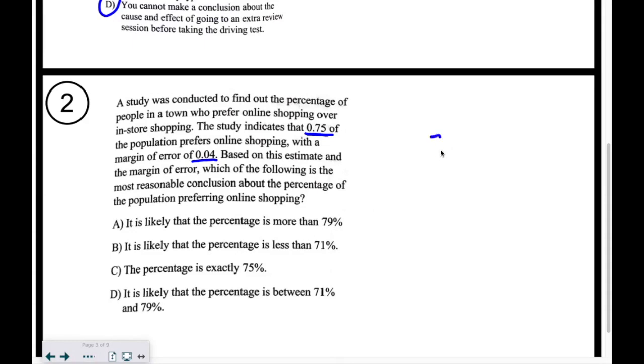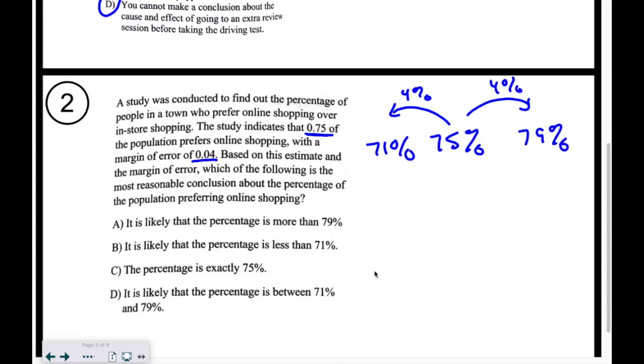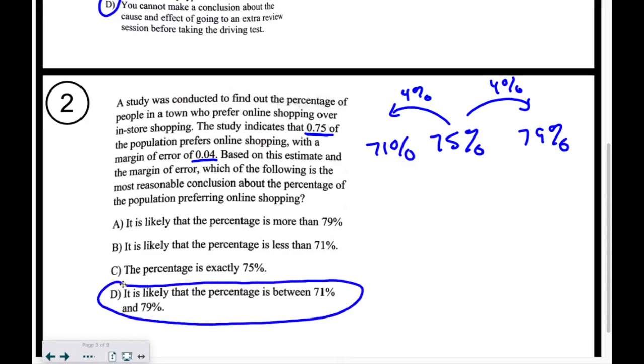If you start at 75%, you go 4% this way, that's 71%, and you go 4% this way, that's 79%. So it's likely, not definitely, that it's between those values. So that's D.